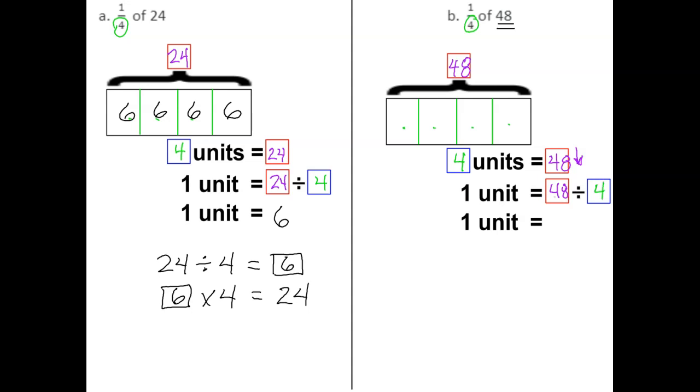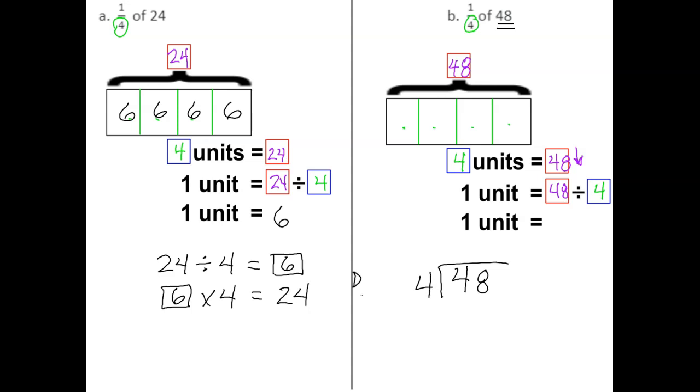So now I have to ask myself, well, 48 divided by 4. I can use the inverse operation and say, well, I know what times 4 equals 48. Or you can do the standard algorithm and write it out. We have 4 10s, 8 1s divided by 4.